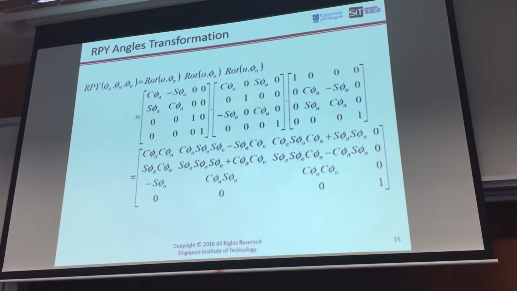How do you identify? In an easier way, have any of you seen your past exam papers? Focus on the symbol. If you see this side A, O, N, it's talking about roll pitch yaw, unless the examiner wants to screw you up, but generally no. So far, if you use this symbol, it's roll pitch yaw.